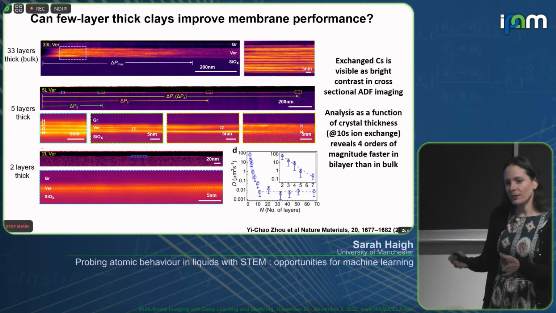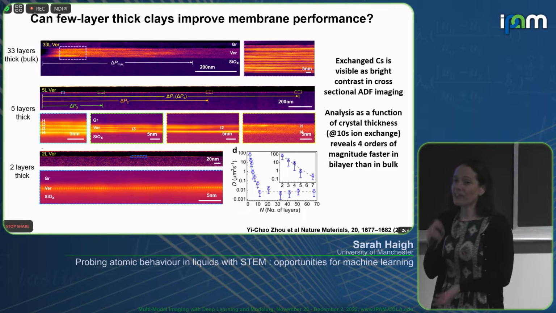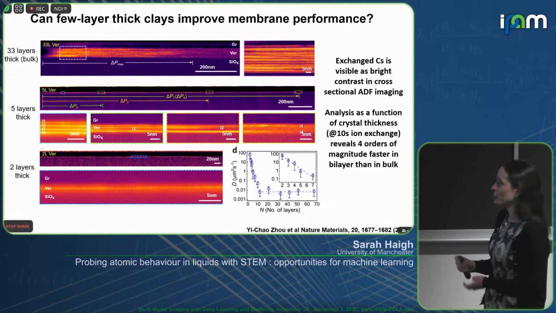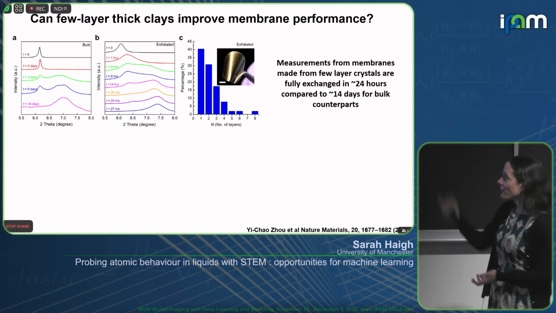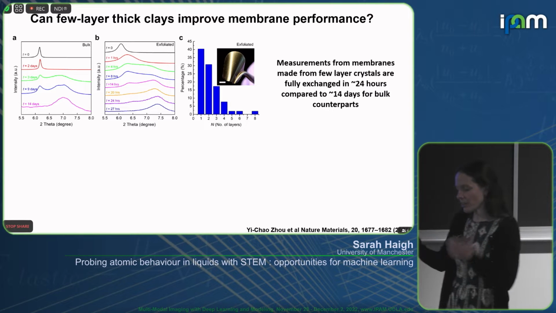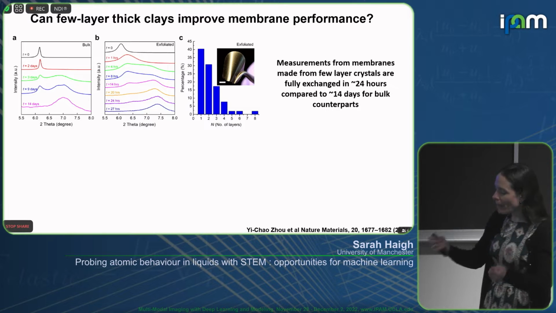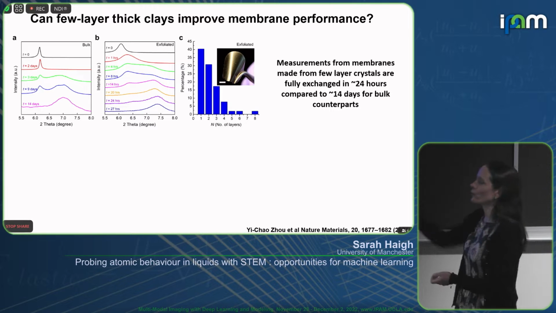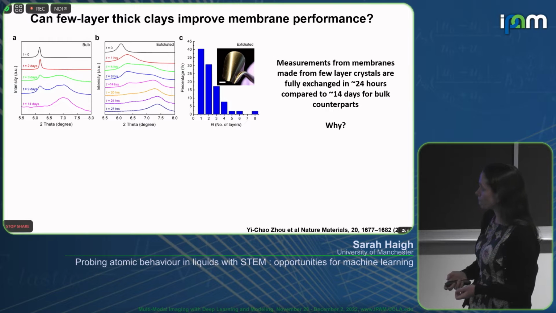And for the purposes of this behaviour, bulk is now just 10 atomic layers, so 10 layers of aluminosilicate. Okay. So we were very pleased with this. We found that it also works not just in a TEM, it also works when you make a material which is made from few layer flakes. You put it into the membrane, and you put the membrane into the solution, and you get the ion exchange at orders of magnitude in difference in speed.